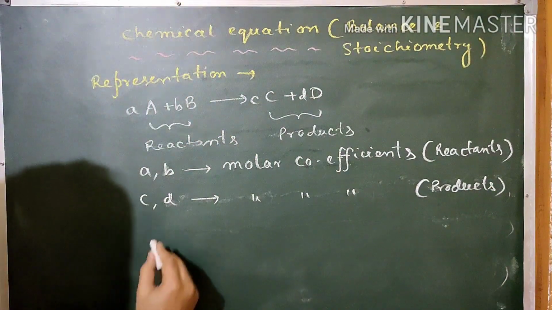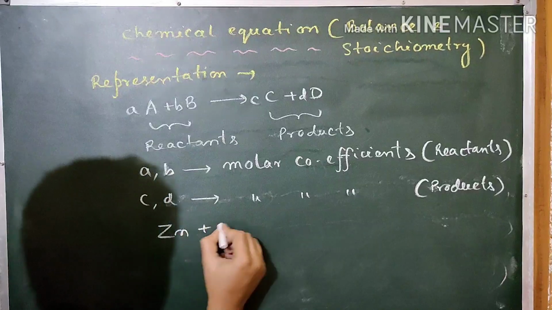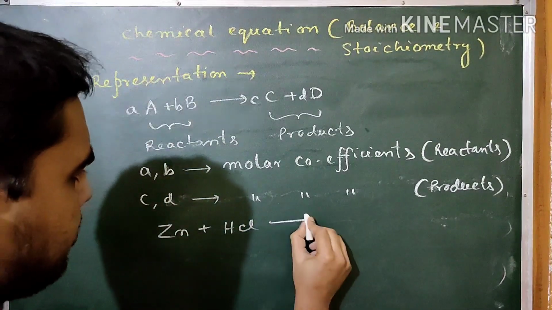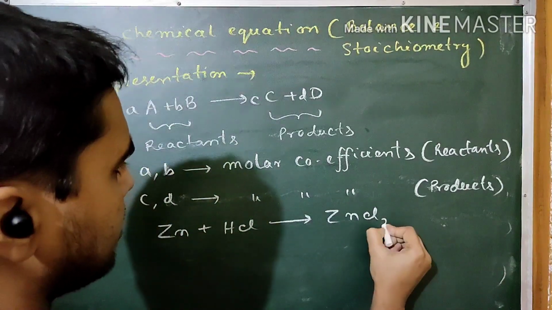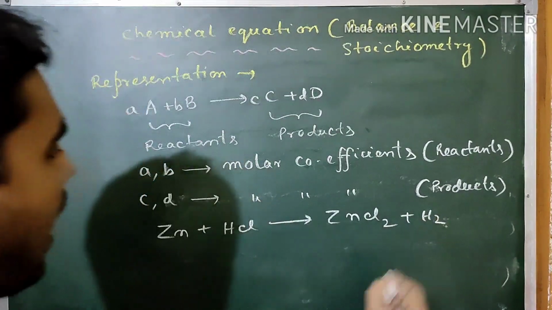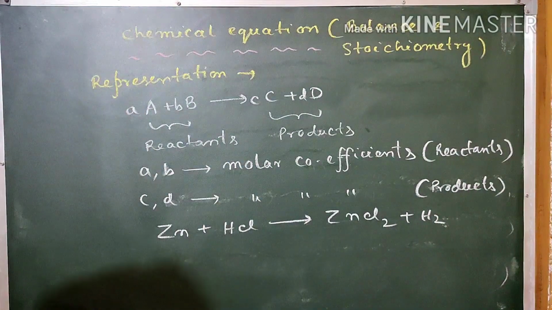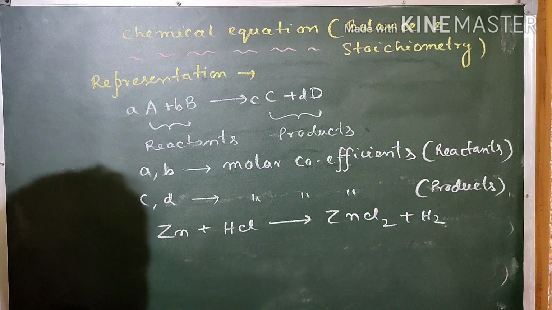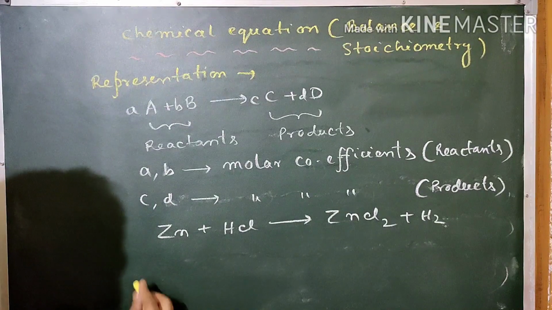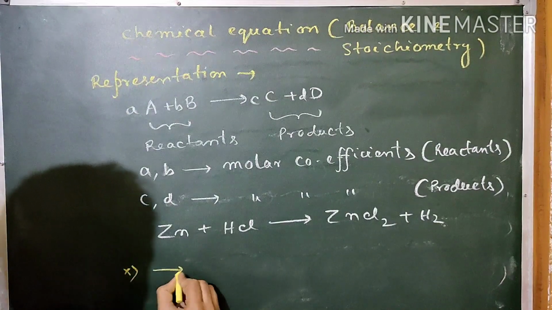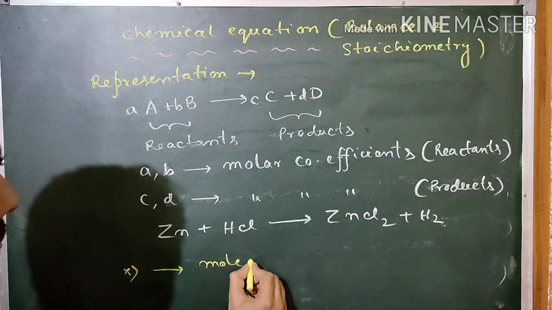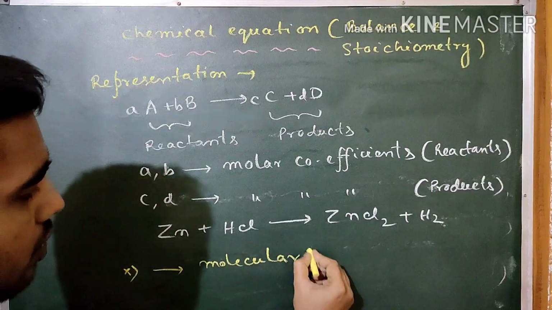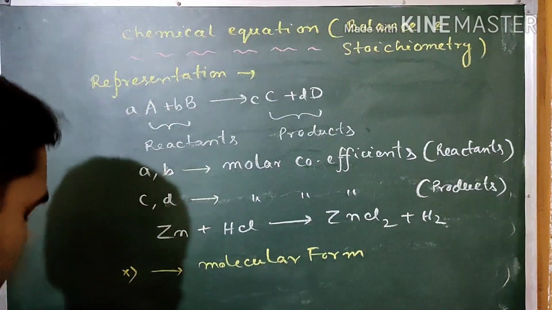So, needless to say, if I am writing Zn plus HCl gives rise to ZnCl2 plus H2, I have to make sure that it is balanced. Balanced means I have to write it in molecular form. What does it mean?